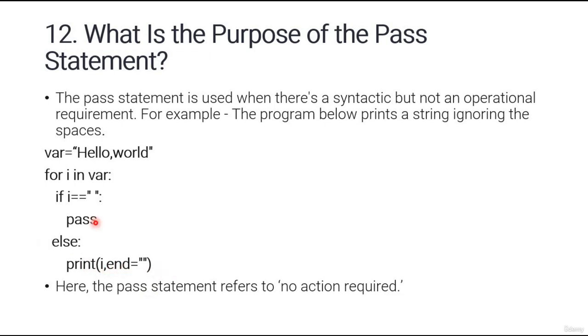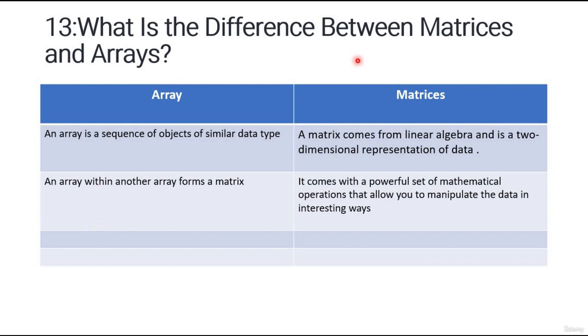Now move on to question number 13. What is the difference between a matrix and an array? An array is a sequence of objects of similar data type, right? Arrays do not contain data of different data types. And what about a matrix? A matrix comes from linear algebra and is a two-dimensional representation of data, right?